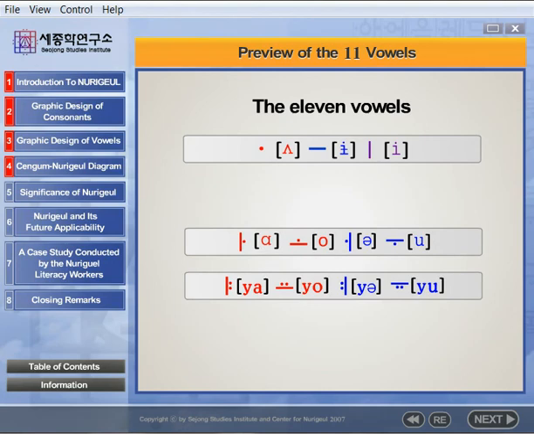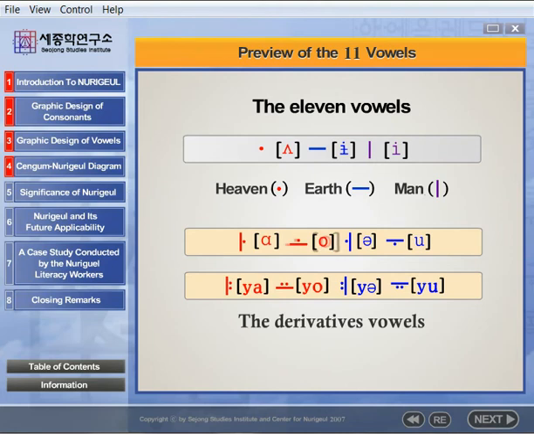Of the 11 vowels, the three cardinal vowels are designed by depicting heaven, earth, and man. The remaining 8 vowels are the derivatives.